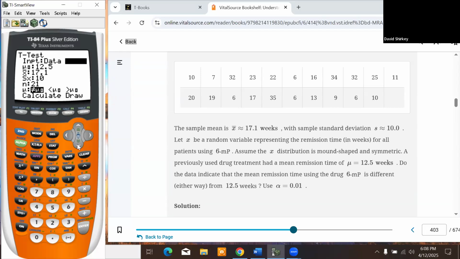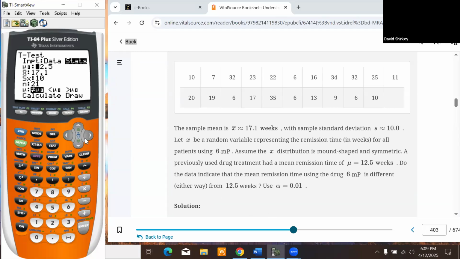So we've selected stats. The mean under the null hypothesis, mu sub 0 equals 12.5, the 12.5 weeks, right up here. X bar is 17.1 weeks. Sample standard deviation is 10. Sample size was 21. Notice, do the data indicate the mean remission is different either way?